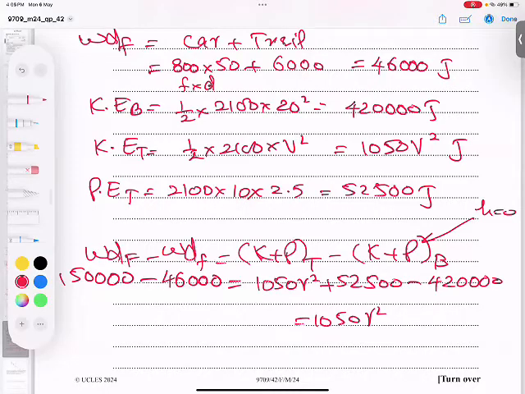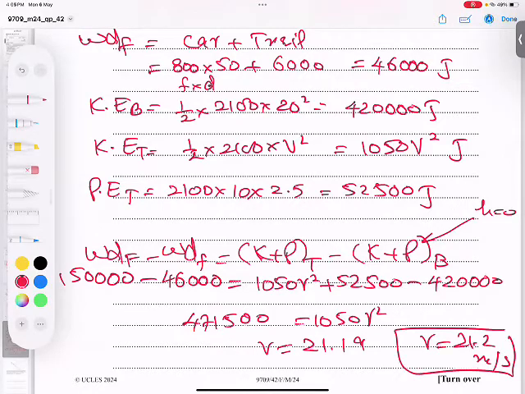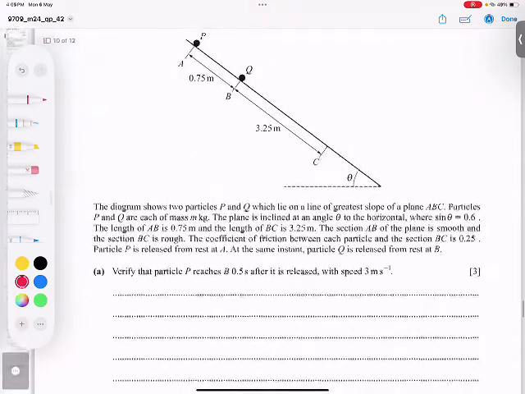So let me type it in the calculator. Minus 46,000, and minus 52500, and plus 420,000, and I get 471500, and divided by 1050. And then take the root of the whole answer, and my answer is coming 21.19. It becomes 21.2 meters per second. I believe you got the point clear. Question number 7.